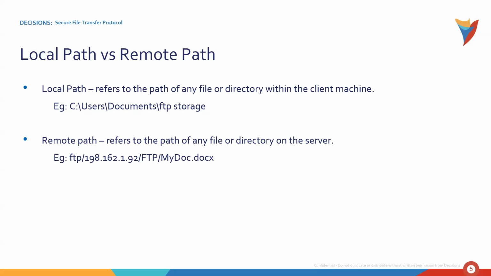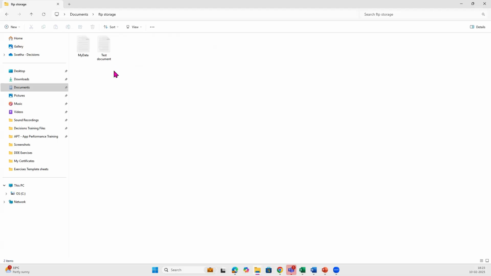In this example, it is 198.162.1.92, followed by the path on the directory structure on the server. In this example, it is FTP / mydoc.docs.